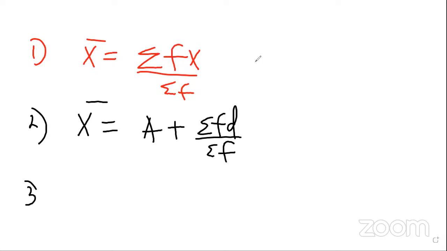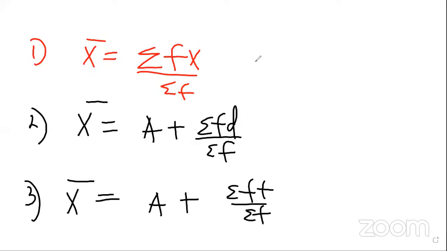Then number 3, do the same question using the assumed mean formula: mean is equal to summation of ft over summation of f, and then you multiply by the constant.